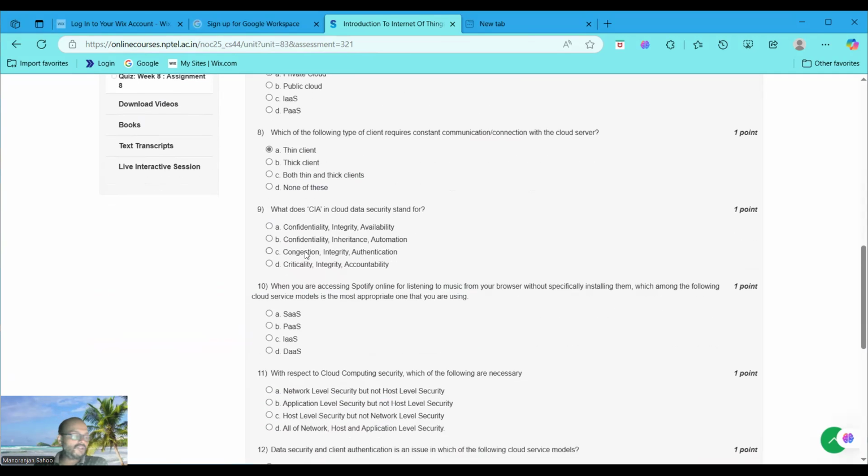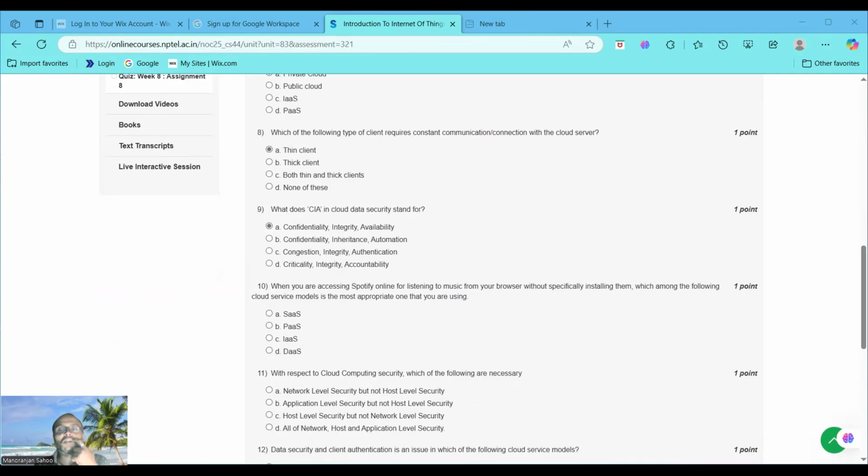Now moving to question number 9. What does CIA in cloud data security stand for? Very important question. That is 9A, confidentiality, integrity, and availability. CIA triad is a foundational model for cloud security.